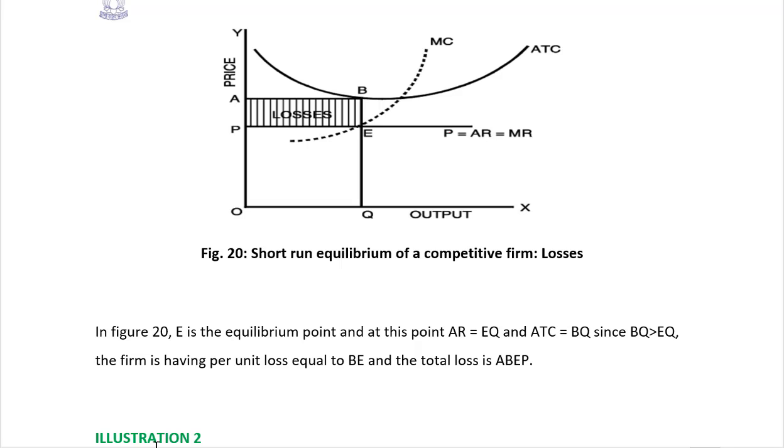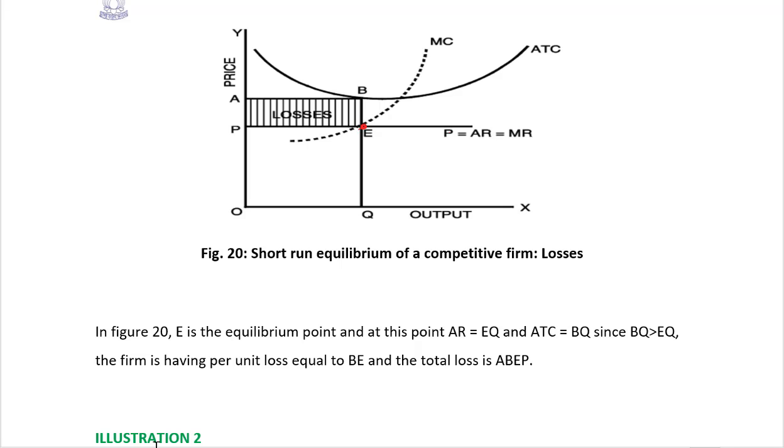At this level, average revenue is lesser than average cost. As you can see over here, this is the average total cost, and average revenue is over here.